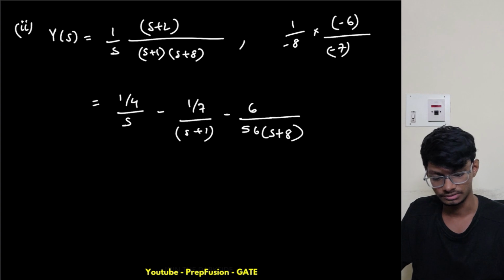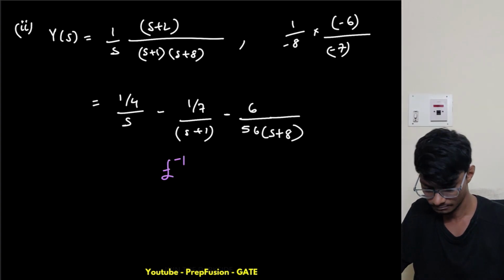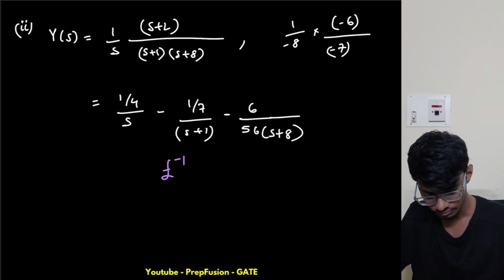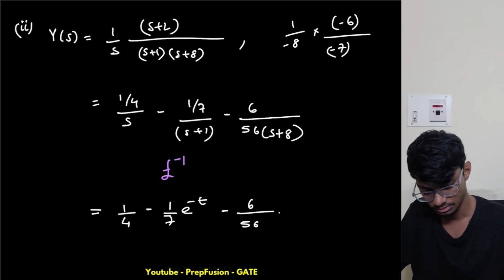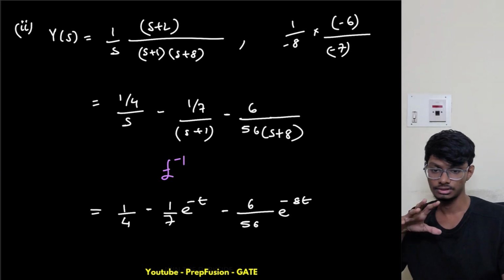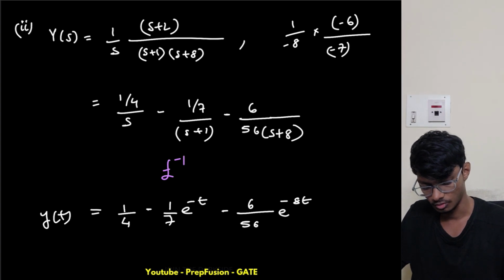Now let's take the Laplace inverse of this one. This is 1 by 4 minus 1 by 7 e raised to power minus t minus 6 by 56 e raised to power minus 8t. So this is basically my y of t, the output.